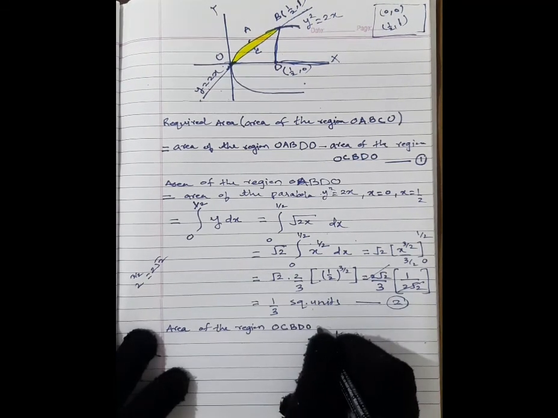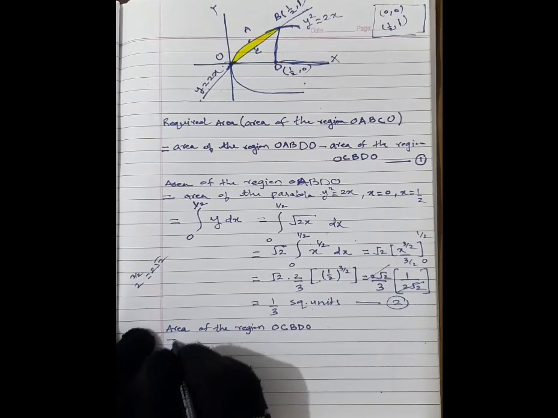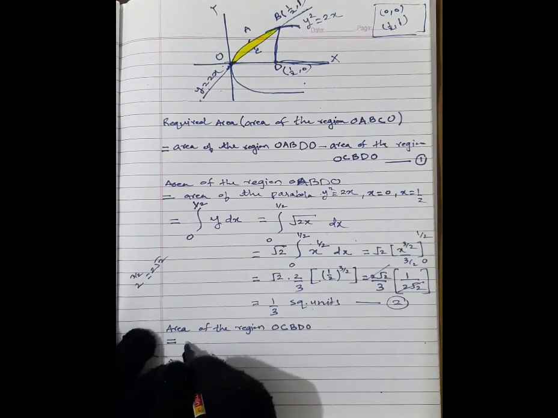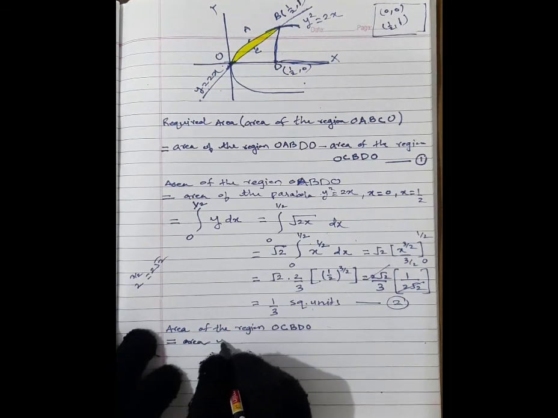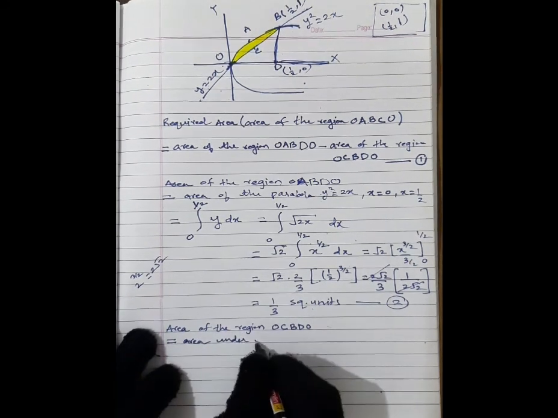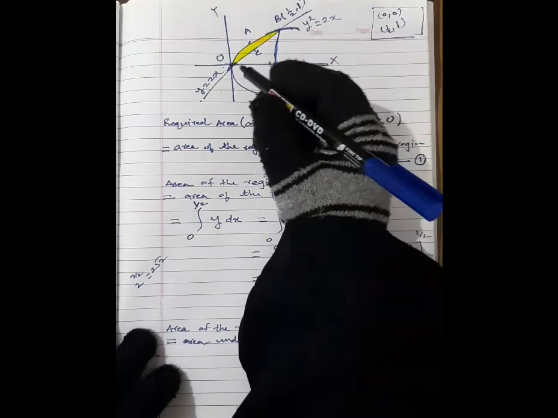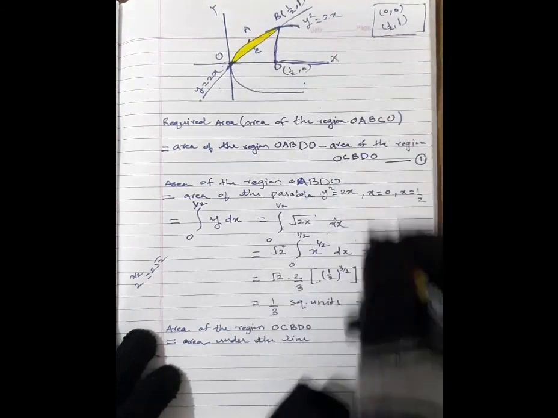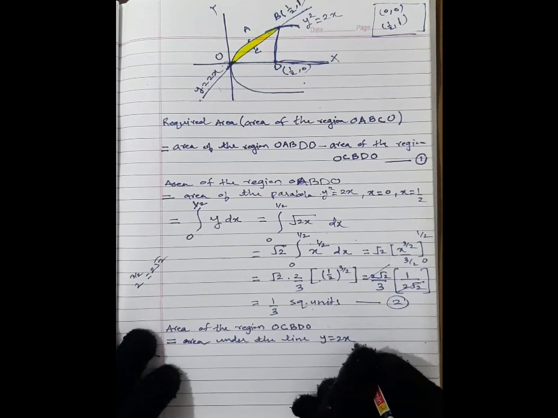Students, this area is nothing but area under the line. See here in this part, one line is coming, y is equal to 2x. Area under the line y is equal to 2x.